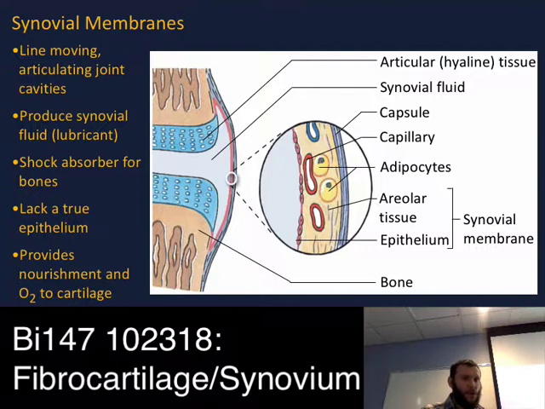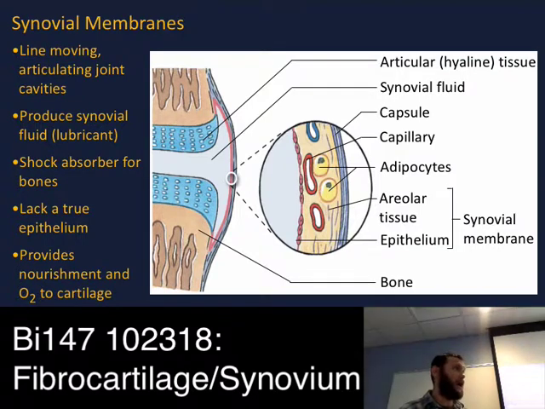So this synovial fluid is pretty remarkable stuff. It is a lubricant, and we'll see how it acts as a lubricant. It's a lubricant for the joints. It also acts as a shock absorber, much like the nucleus pulposus. So it's an incompressible fluid that absorbs shock waves when one bone bangs against another.